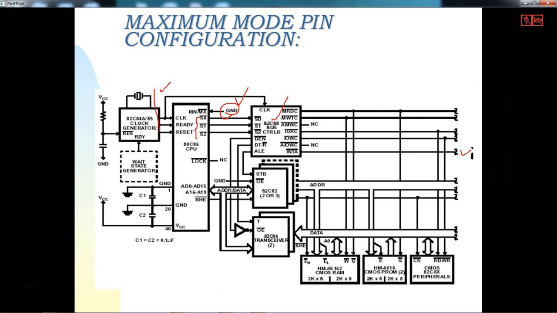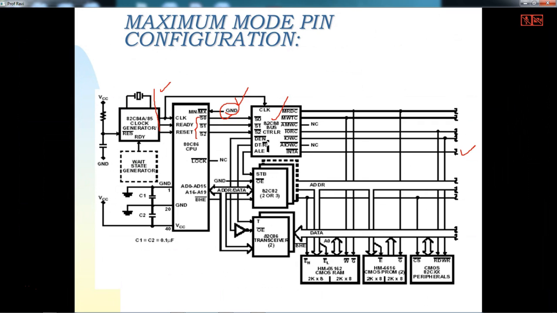So the difference between minimum mode and maximum mode is that when the 33rd pin is connected to ground, it uses the S0, S1 and S2 lines to generate different control signals, and the rest are the same.